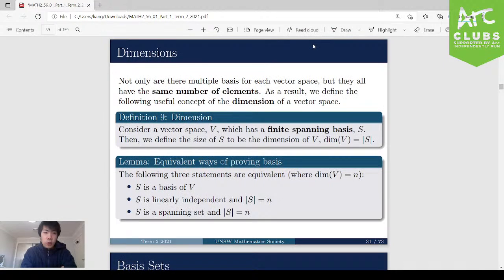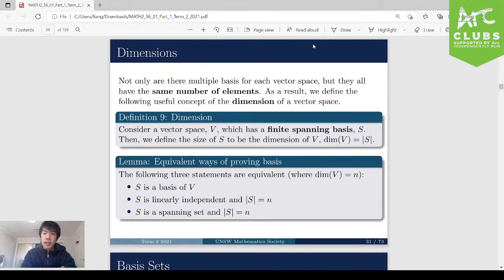Dimensions. So not only are there multiple bases for each vector space, but they all have the same number of elements. As a result, we define the following useful concept of the dimension of a vector space. Consider a vector space V, which has a finite spanning set S. Then we define the size of S to be the dimension of V. So if S is a basis, so that means it is spanning and every element within it is linearly independent, then the size of S is the dimension of V, right?